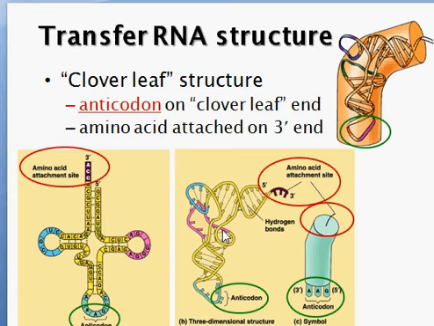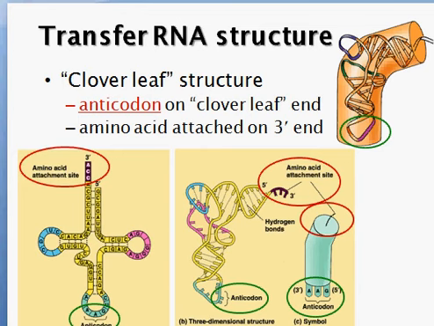These are some other depictions showing the idea of the transfer RNA molecule. And this one gives you the more three-dimensional idea. But you still can kind of see a little bit of that clover leaf.